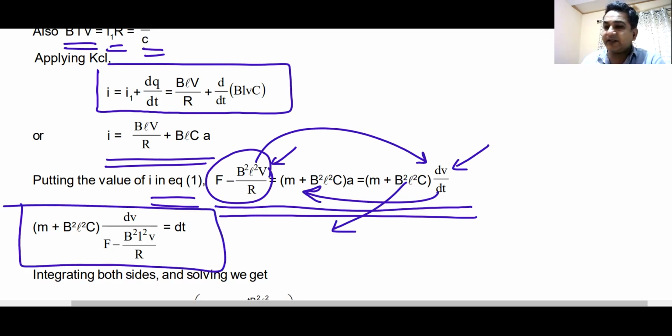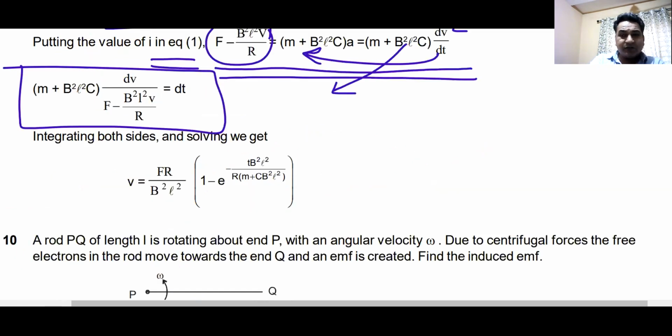So it will look like this. Now you can integrate this, get your answer, and stay happy. Do we understand this? This is one of the most difficult problems that can be made here. If you understand this, it is pretty simple.